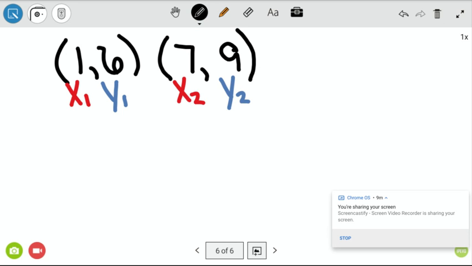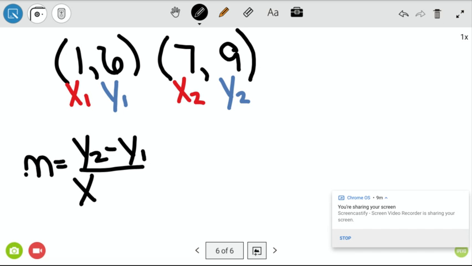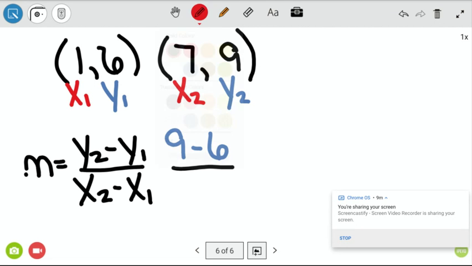If we want to find the slope, we do y2 minus y1 over x2 minus x1. So here, y2 is 9 minus y1 is 6. And then for the denominator, we're subtracting the x coordinates.